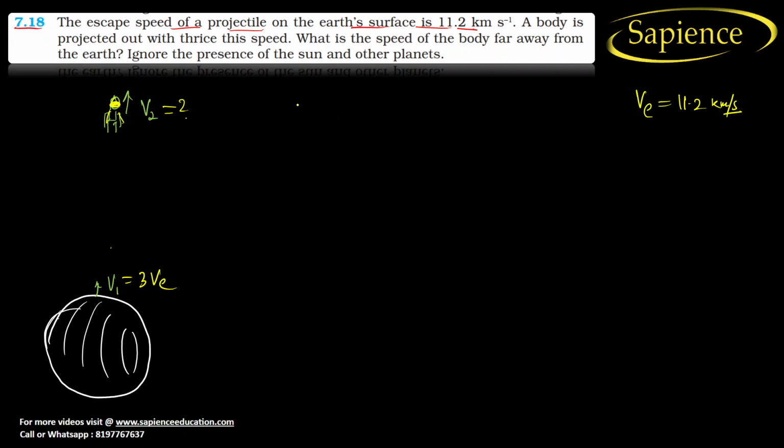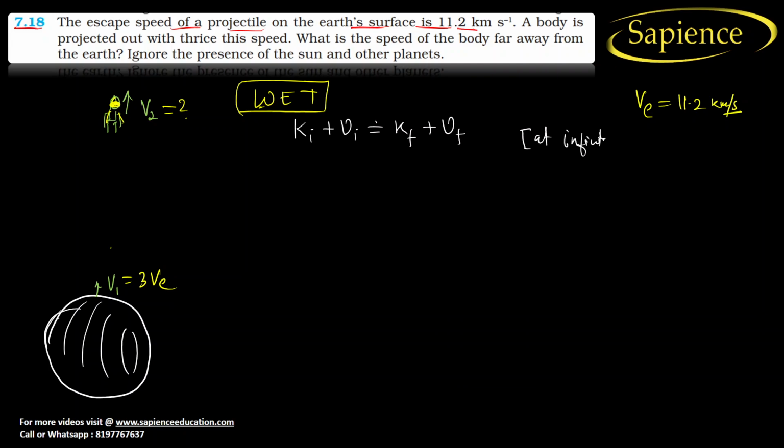So we can use the work energy theorem here, WET, and by using this we will be able to figure out the problem. As per the work energy theorem, initial kinetic energy plus initial potential energy is equal to final kinetic energy plus final potential energy.